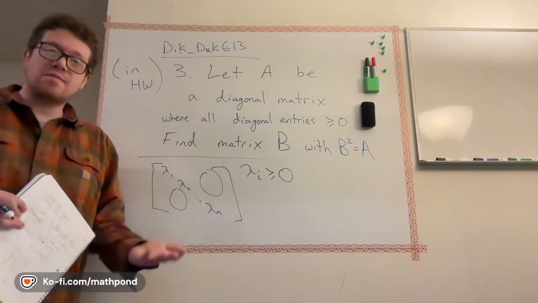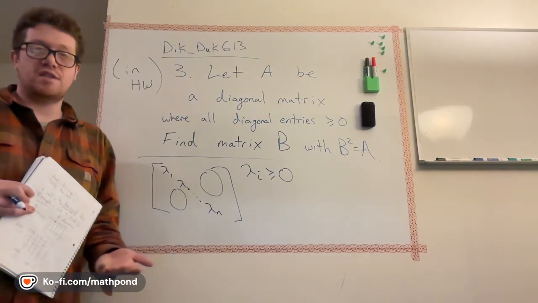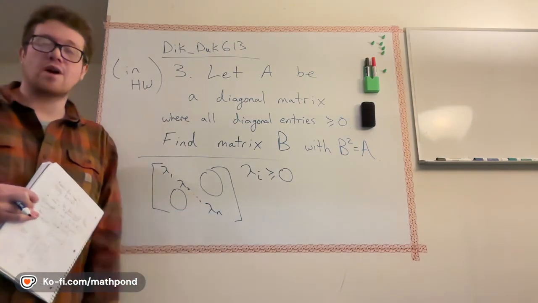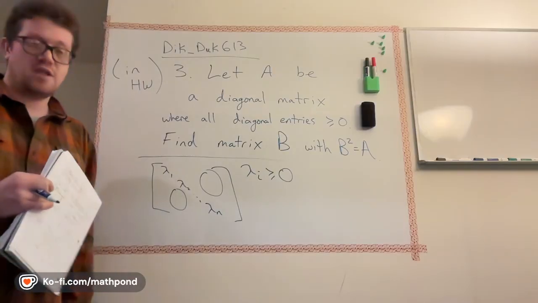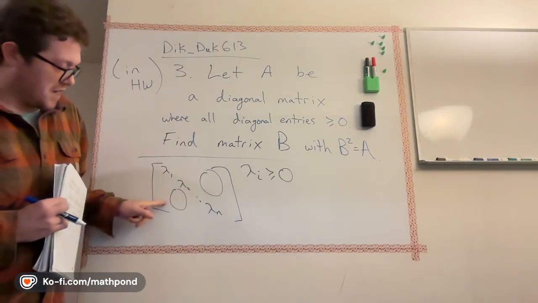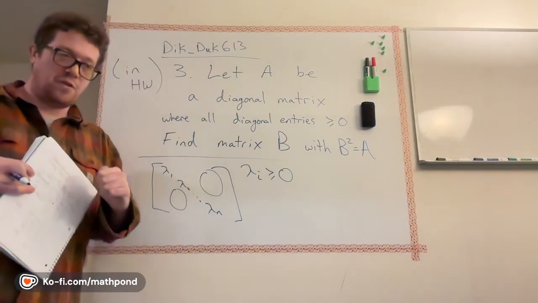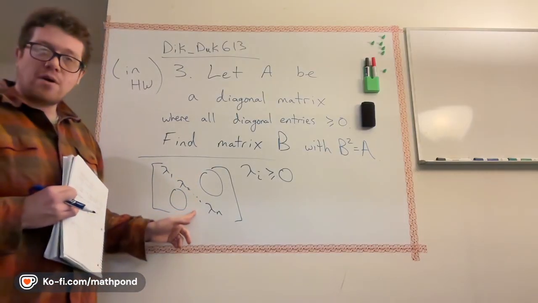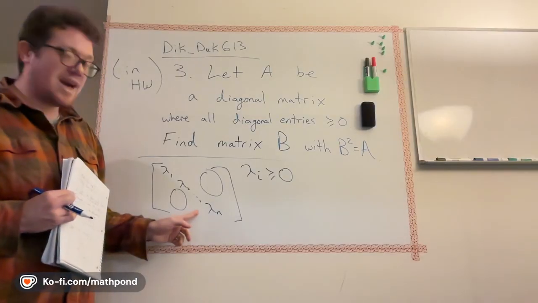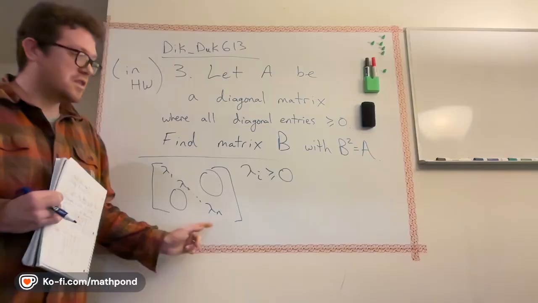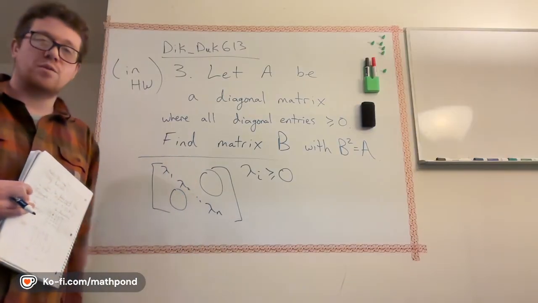But for diagonal matrices, matrix multiplication is extremely easy. For more complicated matrices, there's usually a little bit more computation involved. But all of these zeros on the off diagonal force some pretty simple math. So when you take any power of a diagonal matrix, all that happens is the diagonal entries are just raised to whatever power that is.